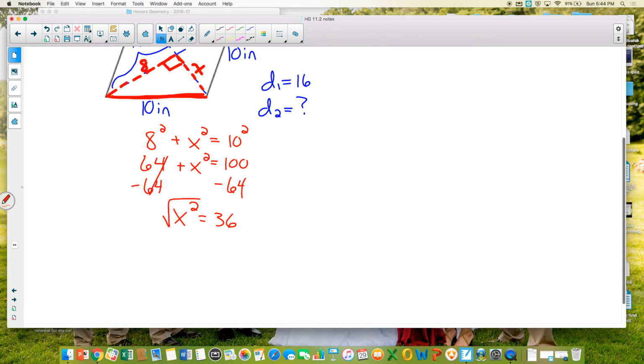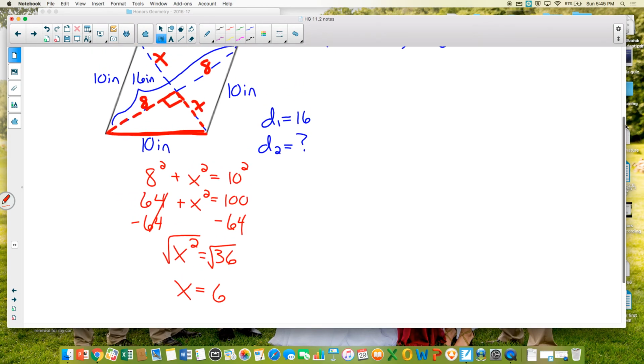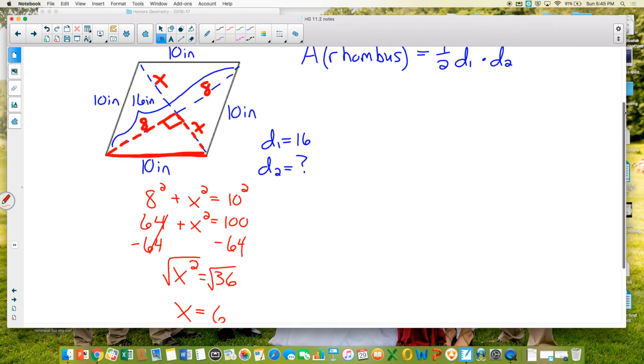So we square root that. X equals positive 6. So if x is positive 6, going back up, diagonal 2, the second diagonal we do not know, has one x right here and has a second x because x made up half of that diagonal. So diagonal 2 equals 6 plus 6. So we know diagonal 2 is 12.